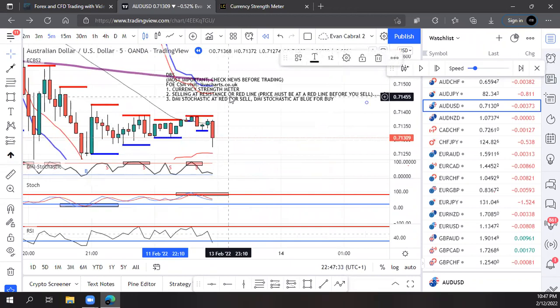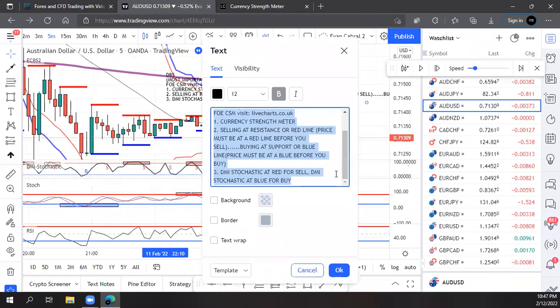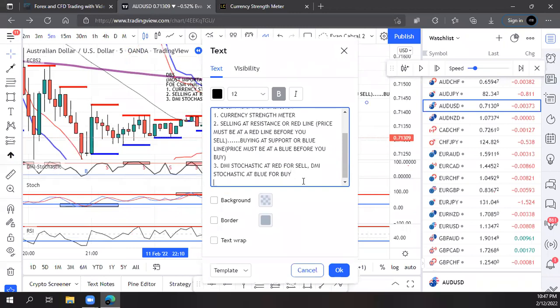So for step 4, which is stochastic, we're just following the colors, like I said. Stochastic has to be at red for sell.